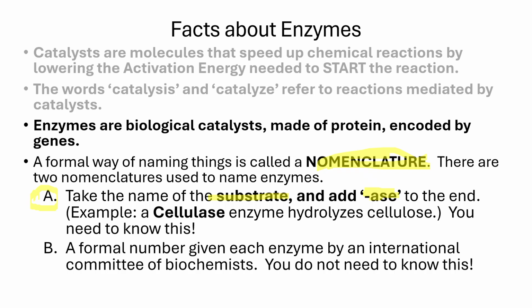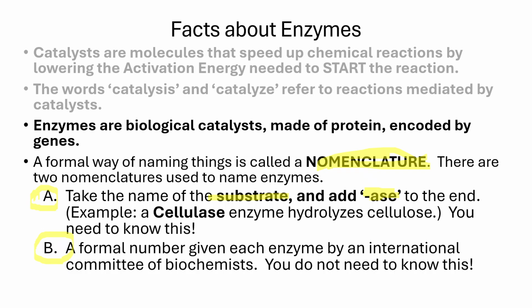There is a formal way as well, and that is that all of the biochemists in the world get together every year, and they have a conference, usually in some place like Switzerland, and they decide to give every known enzyme in the world a number, a coded number that means something very specific.